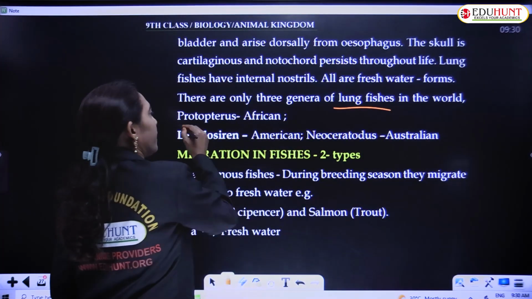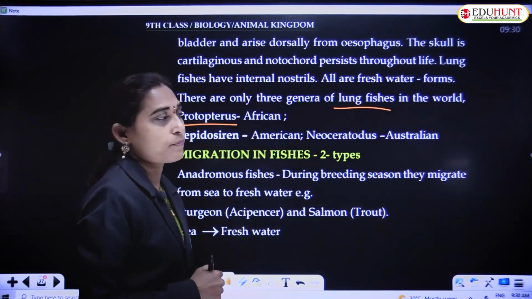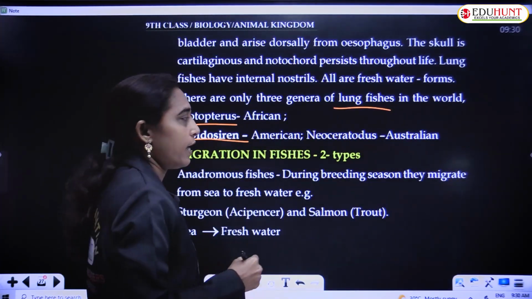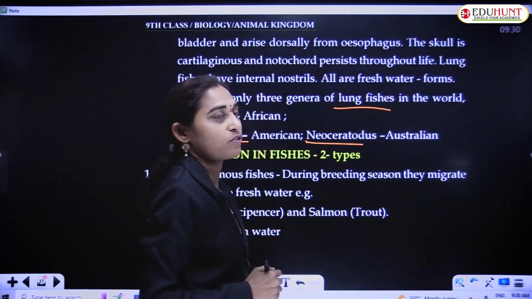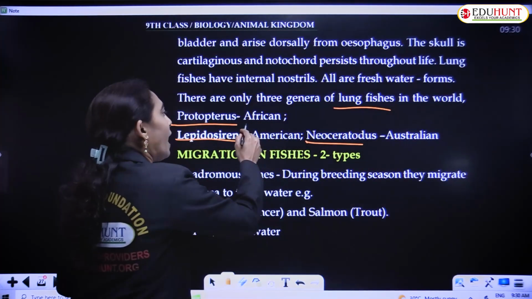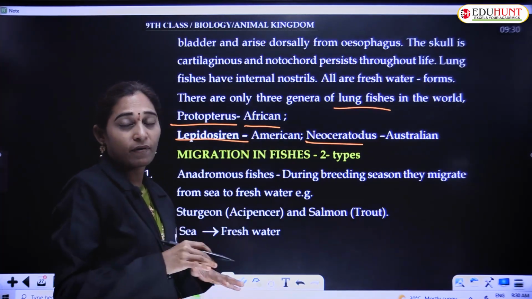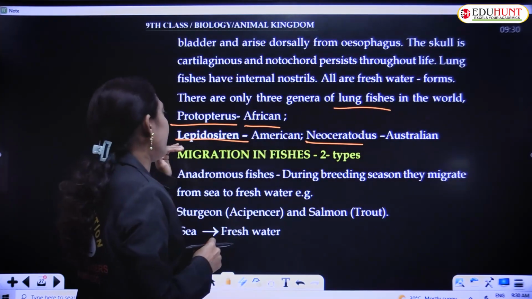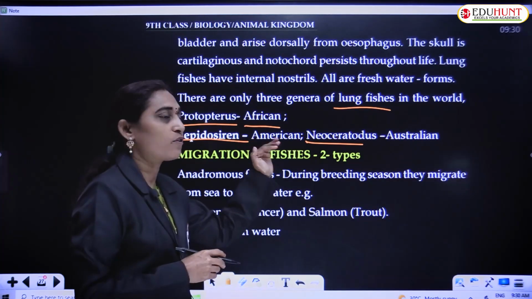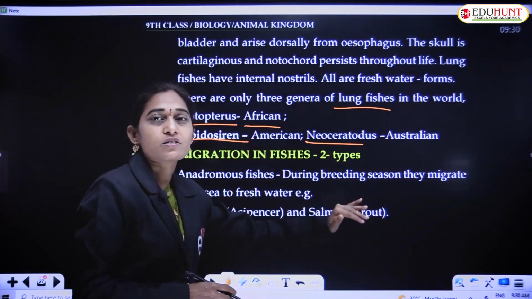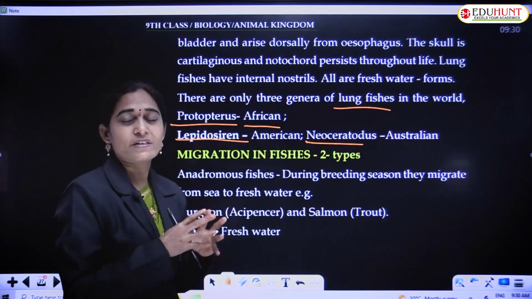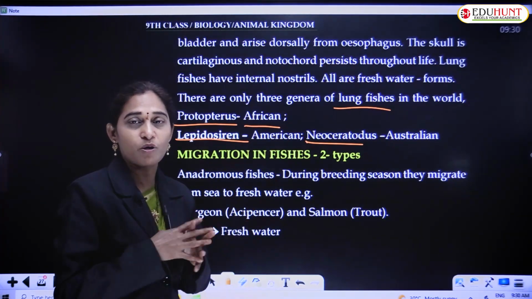The first one is Protopterus, next is Lepidosiren, and third is Neoceratodus. Protopterus is confined to Africa, Lepidosiren is confined to America, and Neoceratodus is in Australia. It is a best example of discontinuous distribution.